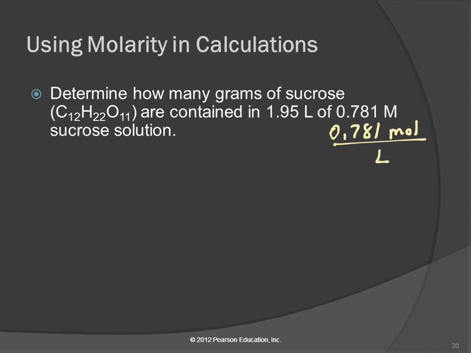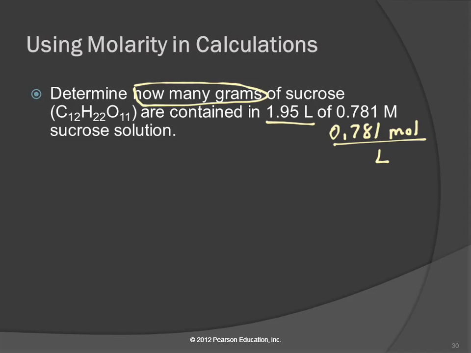So we have that, and then we have this volume in liters, and they're asking how many grams. Well, none of those numbers they gave us have grams, do they? But could we convert moles to grams? Sure we could. That's one of those real basic things.